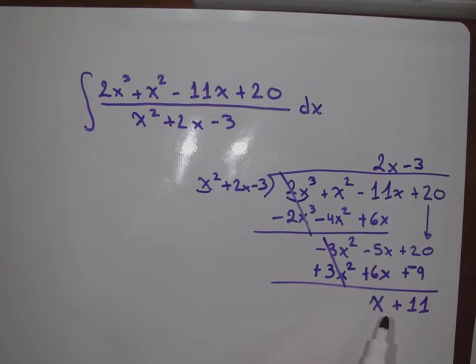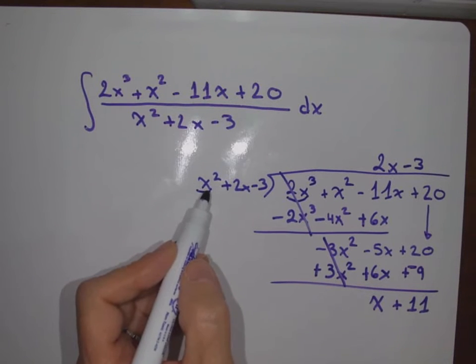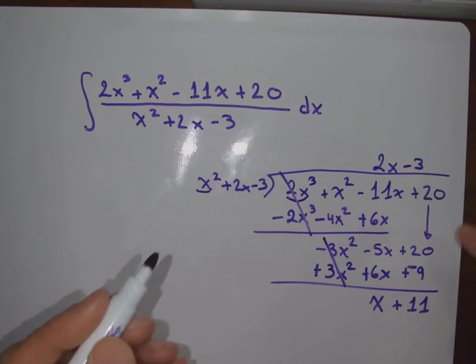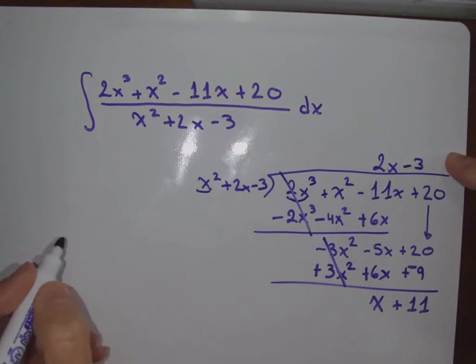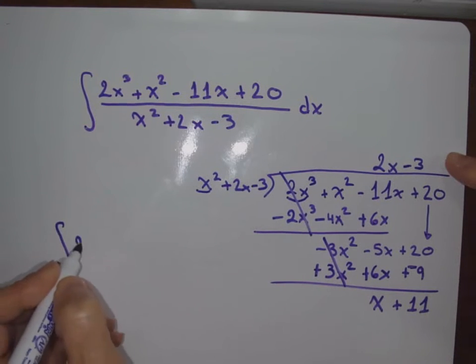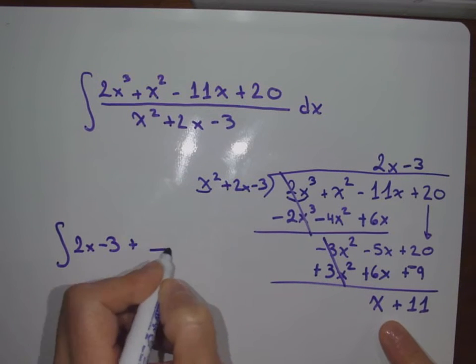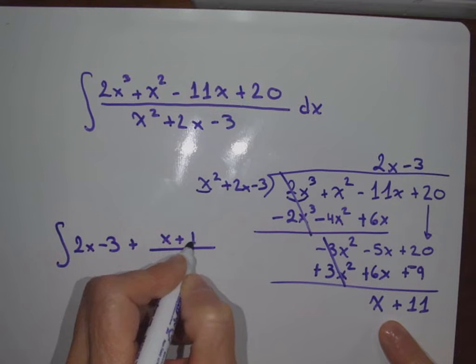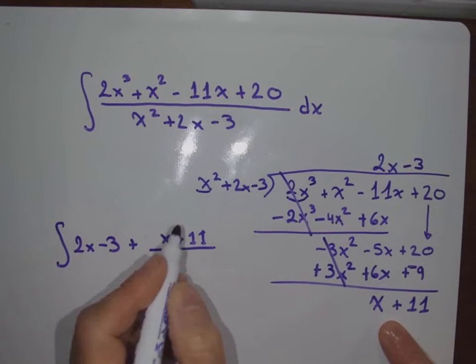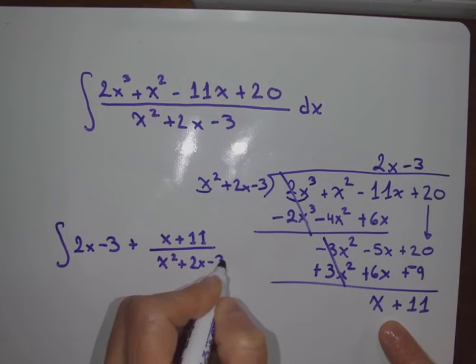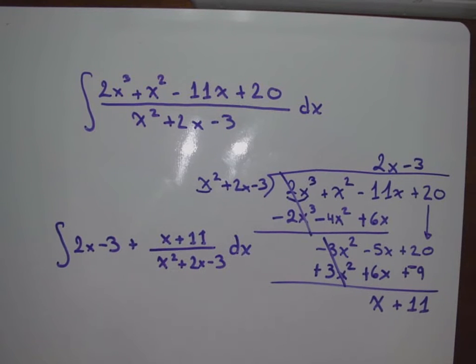Because this degree right here is now lower than this degree, right? So I am done. This is smaller than that. So I'm done. So the answer will be, and that's what I'm going to integrate now, 2x minus 3, and then plus x plus 11 over what we divided by, right? So x squared plus 2x minus 3, and then the dx.